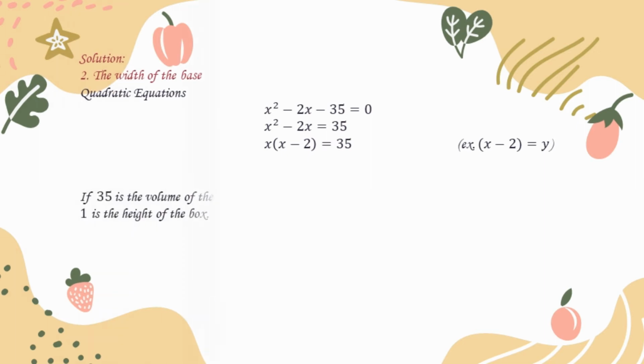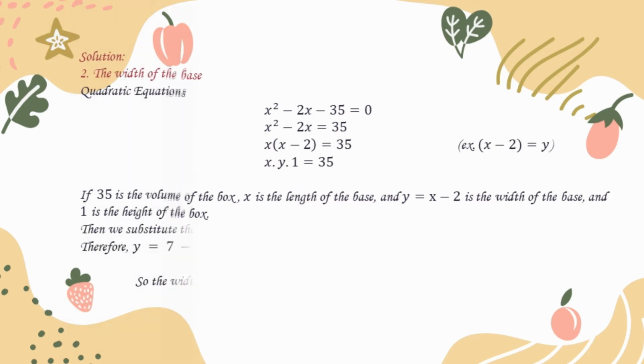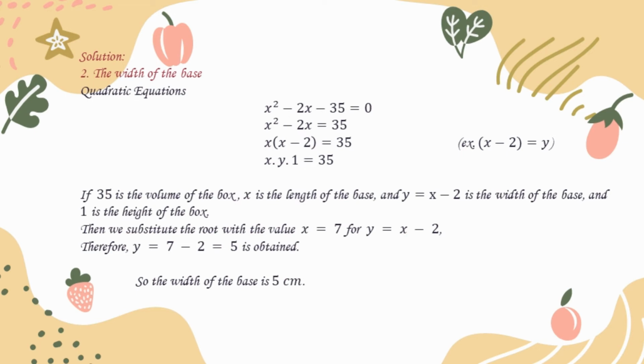35 is the volume of the box, x is the length of the base, y equals x minus 2 is the width of the base, and 1 is the height of the box. So we got x times y times 1 equals 35. Then we substitute the root with the value x equals 7 into y equals x minus 2.